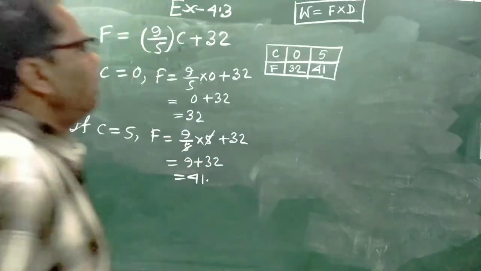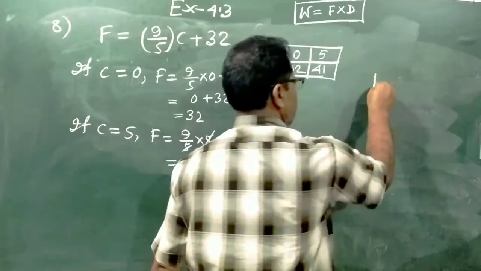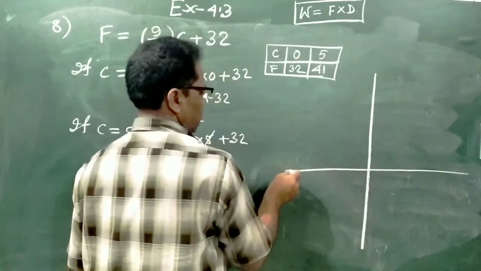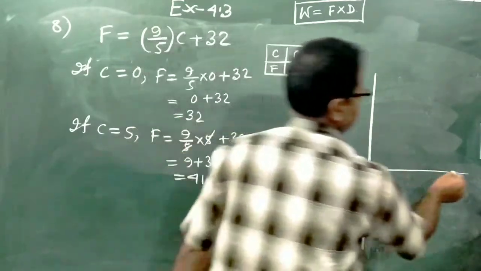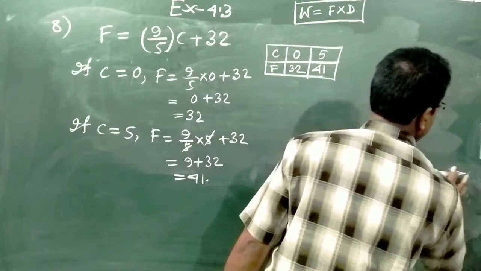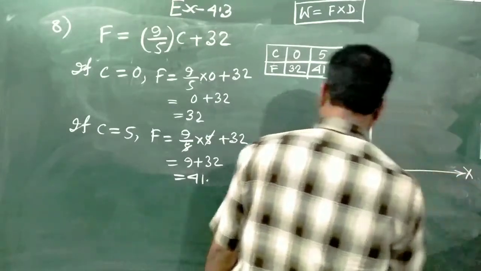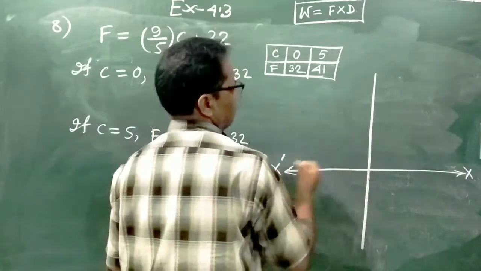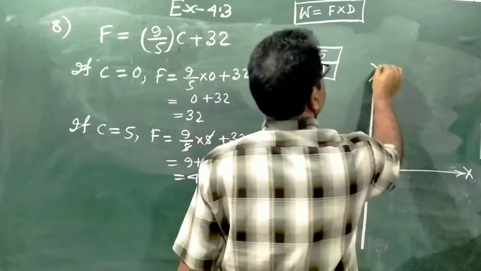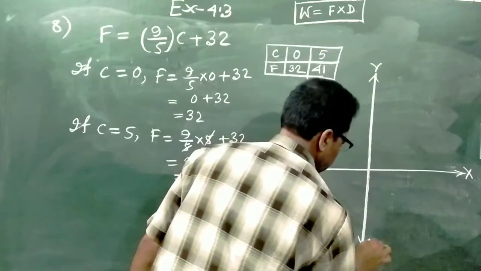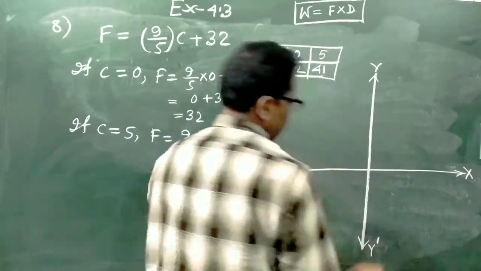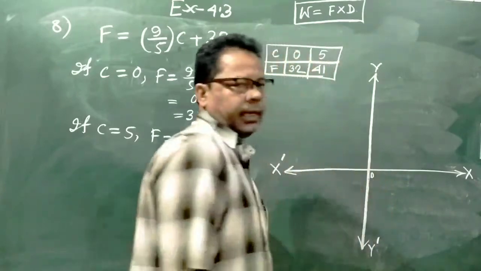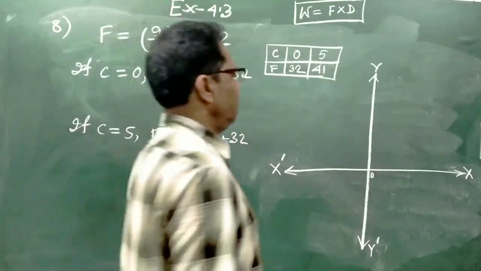So draw the coordinate axis in your graph paper. This is x dash, negative part of x. This is y dash, negative side of y. This is 0. So here also we can take 10, 20, 30, 40 in this way.